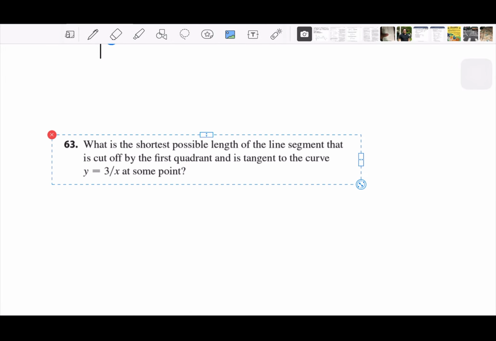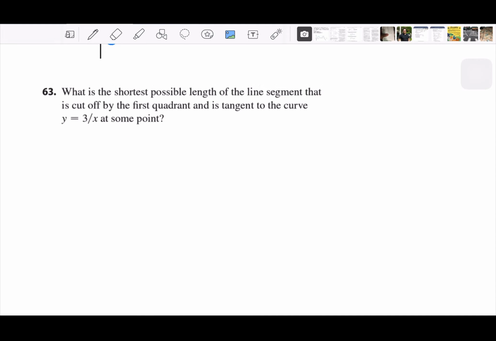Let's see, number 63. This is from the optimization problems.